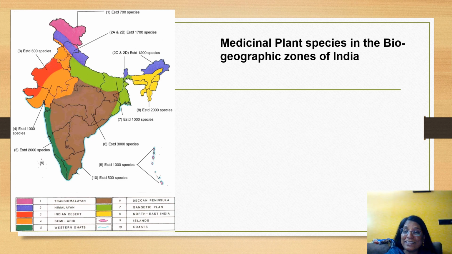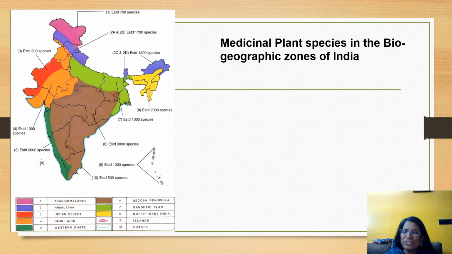You don't find any rich evergreen forest; this is a mixed forest area, and here you find the highest number of plant species. On the Western Ghats, a coastal area, about 2,000 medicinal plant species are seen.